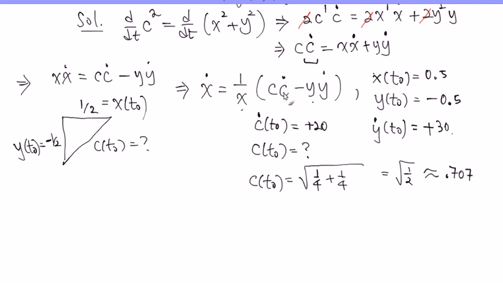So we got this number. We got c dot. We got y. We got y dot. We got x here, right? You plug it all in there to figure out actually how fast this car was moving. Notice here it requires this information, right? What was the distance of this car from this point to that, and his distance to that point.